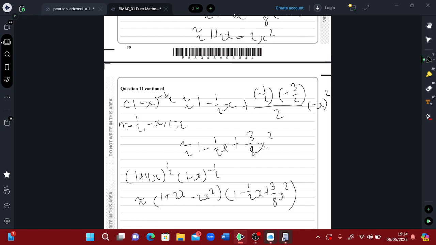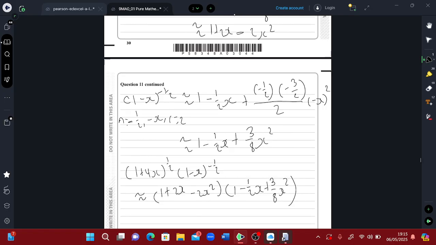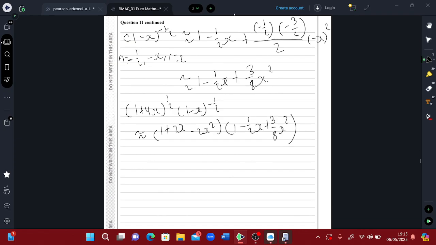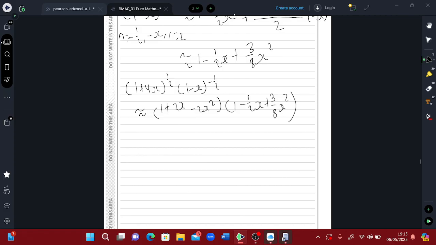When I talked about when you expand the brackets at the start to work out how many terms you need: notice that we are going to have a constant up to x squared, a quadratic, and another quadratic. So if you multiply two quadratics together, you need to ensure to get x squared from this. You're going to get a constant times x squared or something like that. So you need to go to x squared on both of them. If that makes any sense.